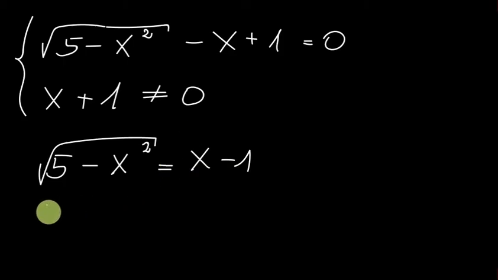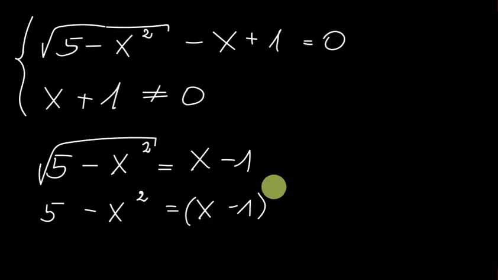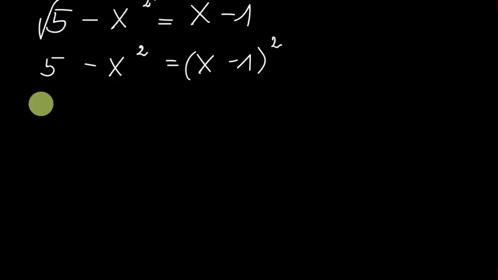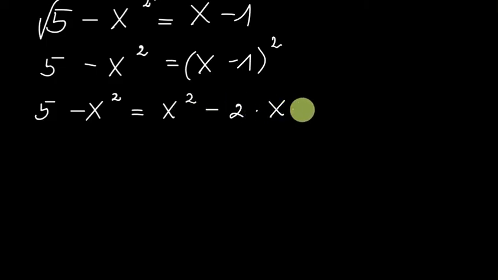Okay, so once we do that, we get that 5 minus x squared is equal to x minus 1 squared. Now this will give us that 5 minus x squared is equal to x squared minus 2 times x times 1 plus 1. I used the formula again.